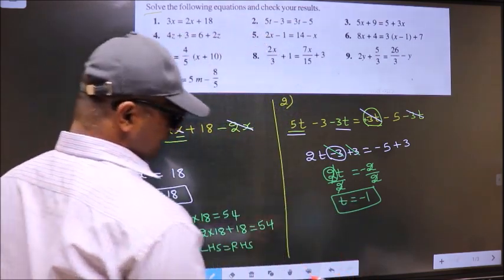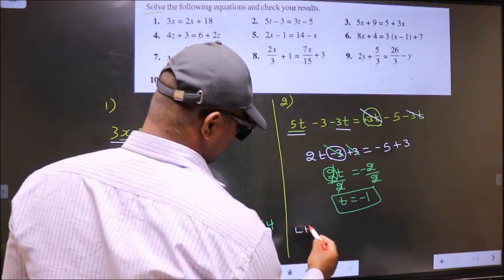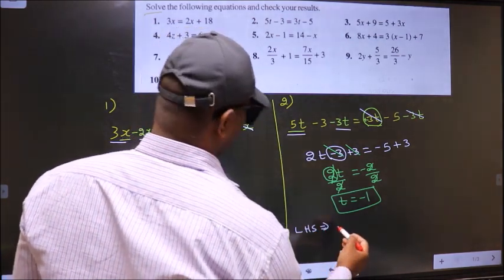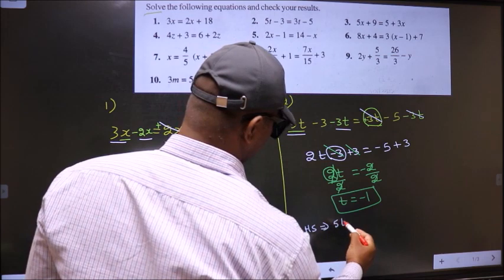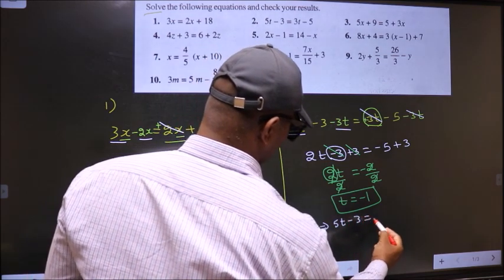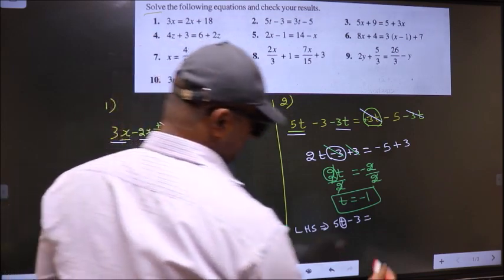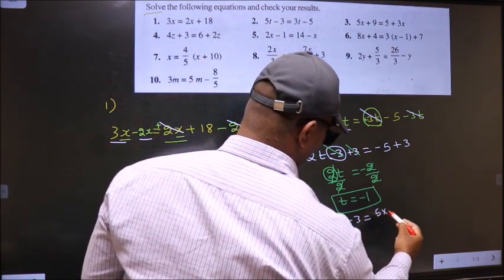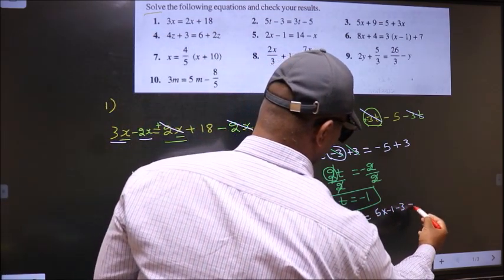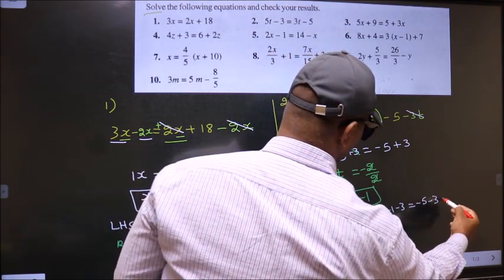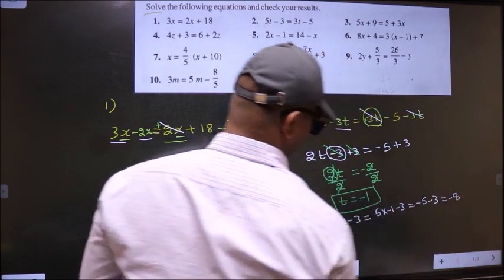Okay, now to check, LHS. LHS is 5t minus 3. In place of t, now you write minus 1. So 5 into minus 1 minus 3. So 5 into minus 1 is minus 5 minus 3, that is minus 8.